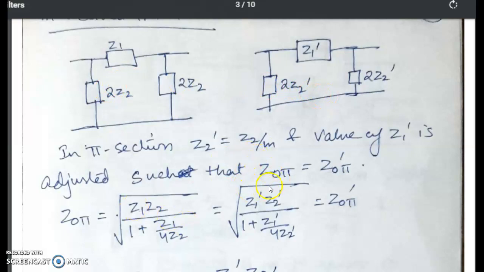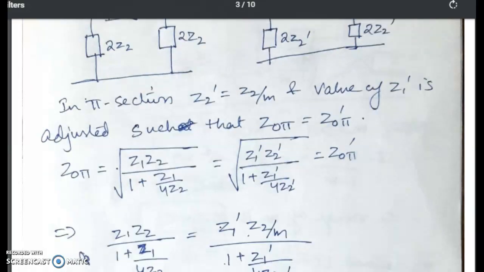The characteristic impedance of the pi network of the constant K filter is given by under root of Z1 Z2 upon 1 plus Z1 upon 4 Z2, which is equal to the characteristic impedance of the M derived filter, under root of Z1 dash Z2 dash upon 1 plus Z1 dash upon 4 Z2 dash.